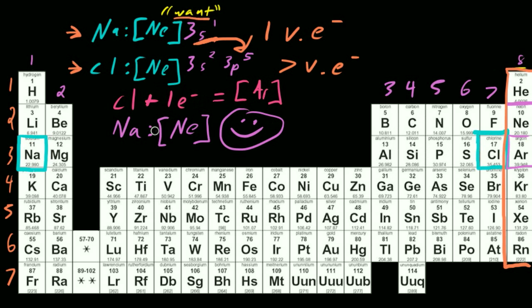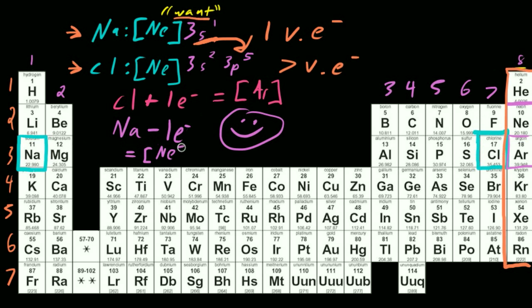And similarly, I should have written this way down here. Let me just erase this neon down there. Sorry, I'm going back over this stuff. So if we said that sodium minus 1 electron, so if we took 1 electron away from sodium, that would have the same electron configuration as neon, right?